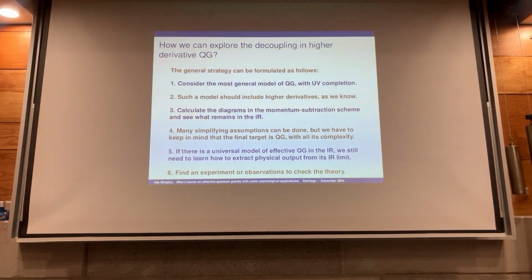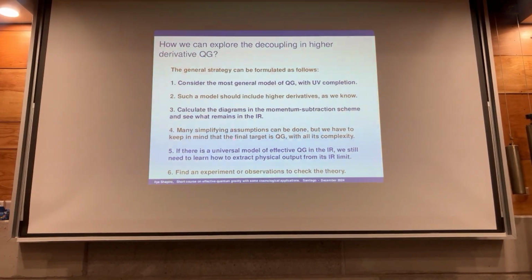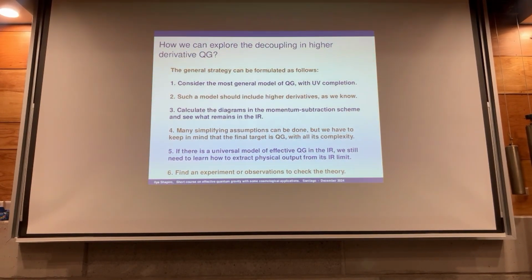It's important that this theory is perturbatively renormalizable or super-renormalizable. Then you calculate diagrams with momentum subtractions, which is a non-trivial point. Then you have to make some simplifications, because it's not simple, but it can be done. It was not done yet.